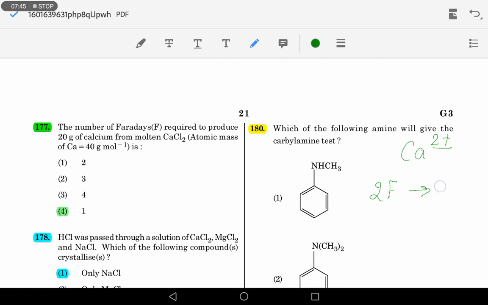For forming 1 mole of calcium, you require 2 Faradays of electricity. Faraday is a unit of electricity. It is also given that 1 mole will weigh 40 gram. For 40 gram, 2 Faradays are required. For 20 gram, obviously 1 Faraday is required. Hence the answer is 1.